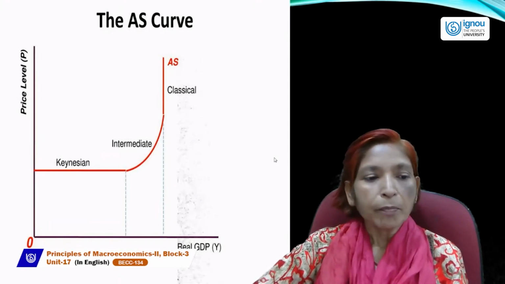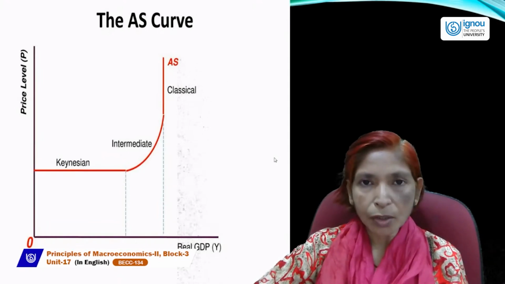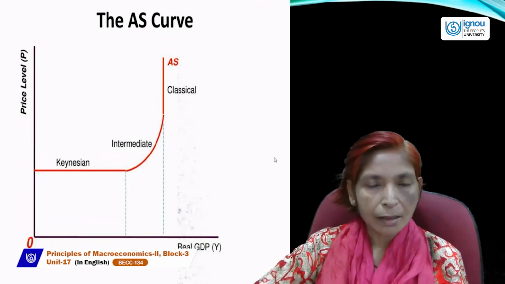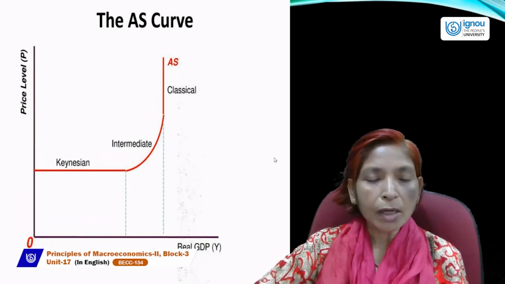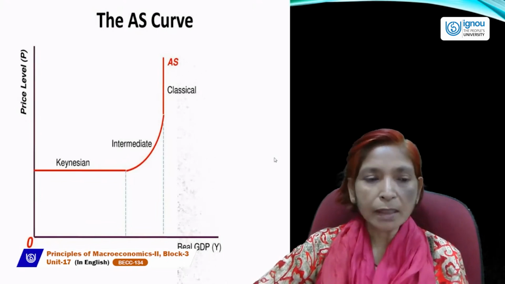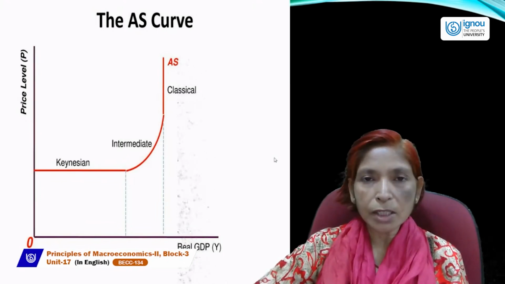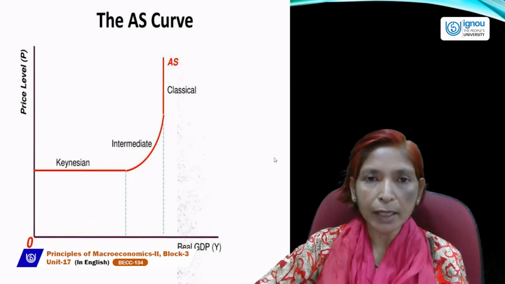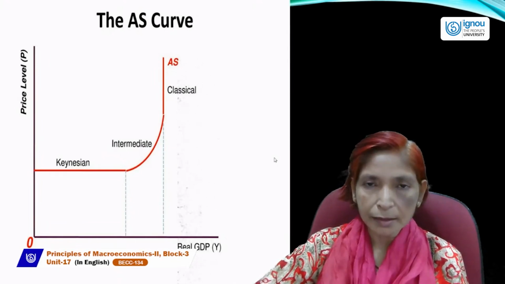That's why a horizontal or perfectly elastic curve is called the Keynesian range. And the range in between the Keynesian and classical ranges is known as the intermediate range.